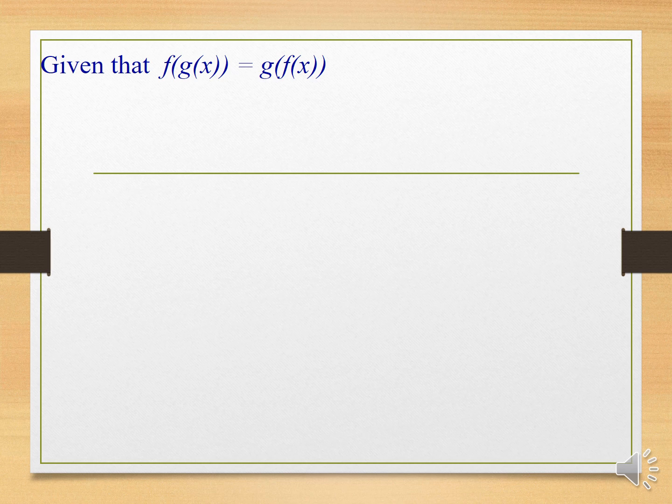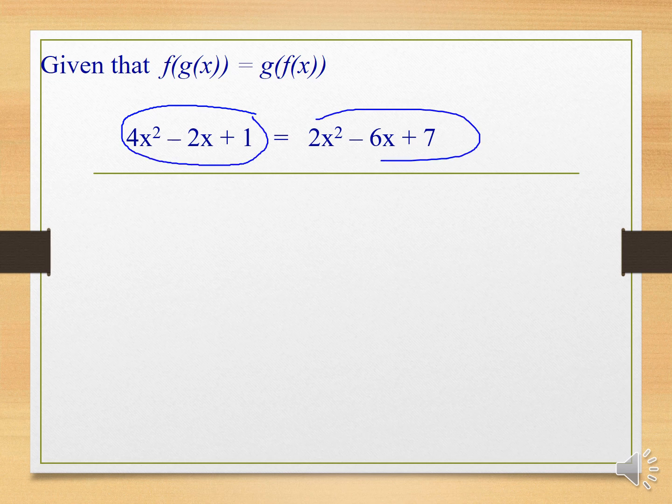Given f(g(x)) equals g(f(x)), f(g(x)) now is 4x squared minus 2x plus 1, and g(f(x)) is 2x squared minus 6x plus 7. We have two quadratic expressions, okay? And we need to simplify this equation and find the roots. 2x squared plus 4x minus 6.